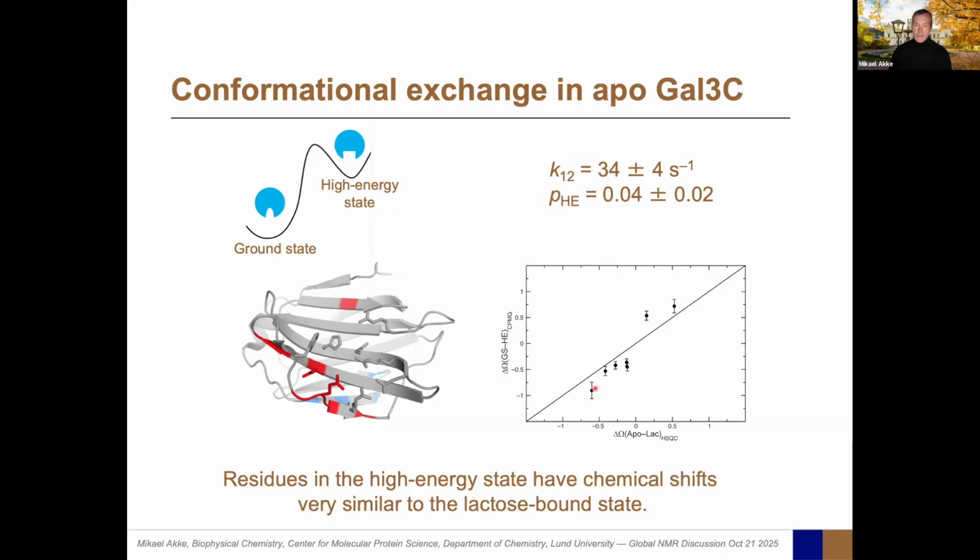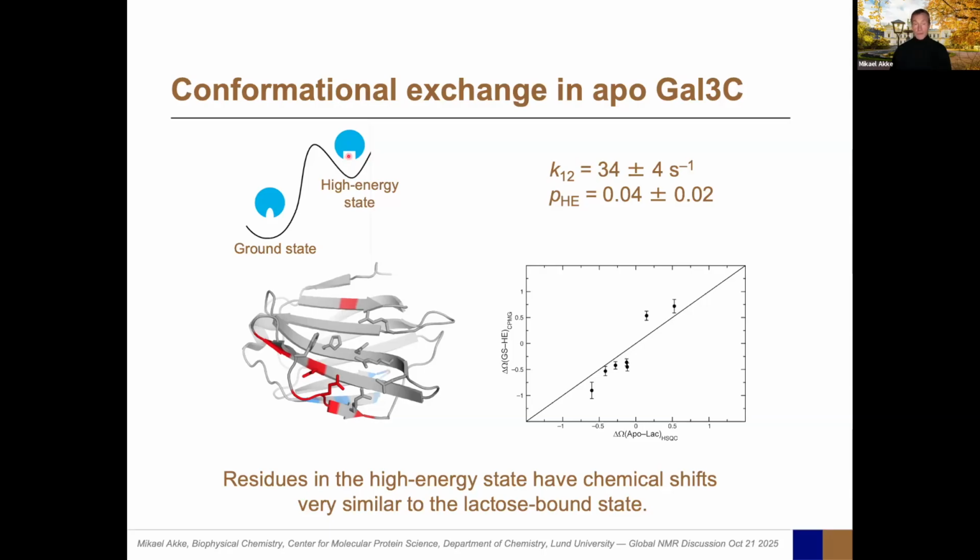And you can see that the correlation between the chemical shift differences between these two states that we measure in the apo is very similar to the chemical shift difference between the apo and the lactose bound states. So that, we conclude, means that this high energy state has chemical shifts that are very, very similar to the lactose bound state.